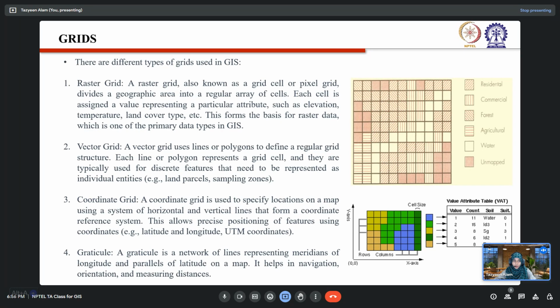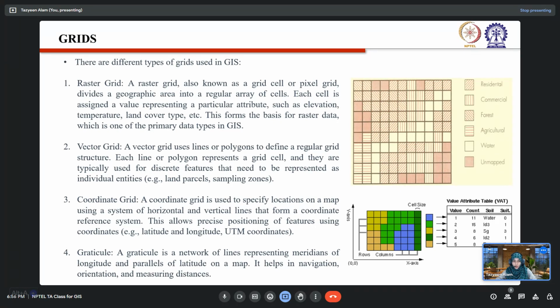Once it is divided into regular arrays of cells, each of these cells is assigned a value that represents a specific attribute such as elevation or temperature or land cover type, etc. This forms the basis for raster data, which is one of the primary data types in GIS, which has already been explained to you in detail.